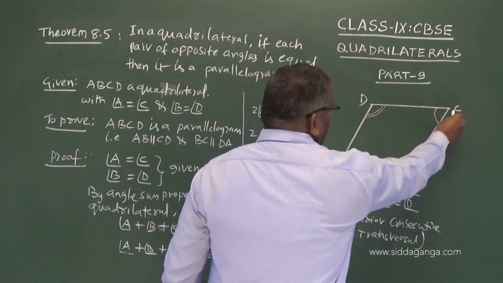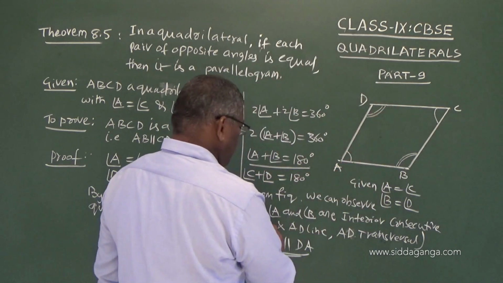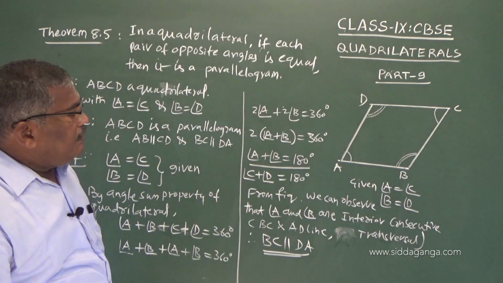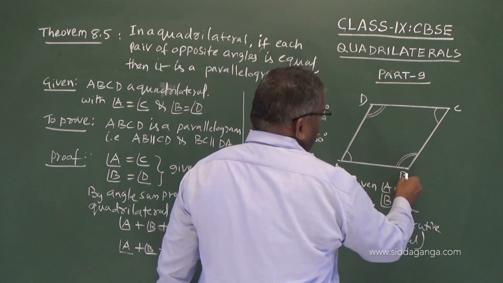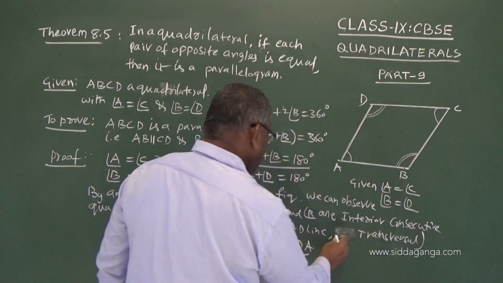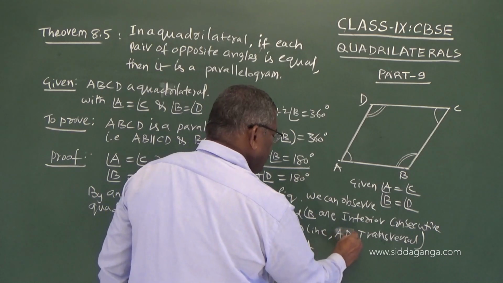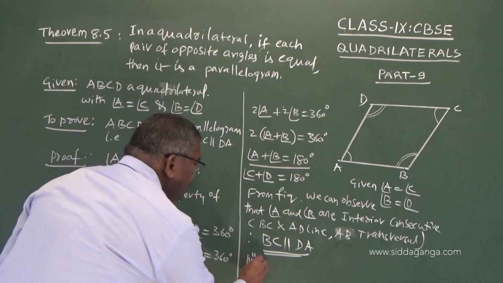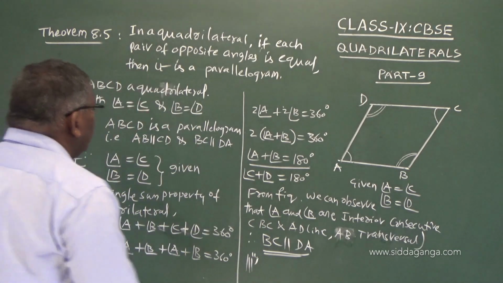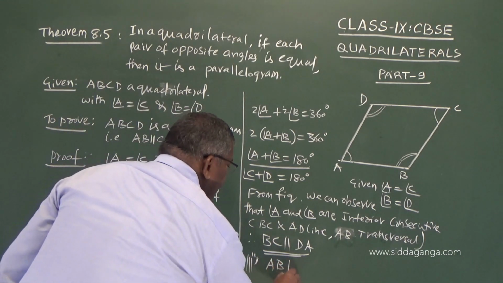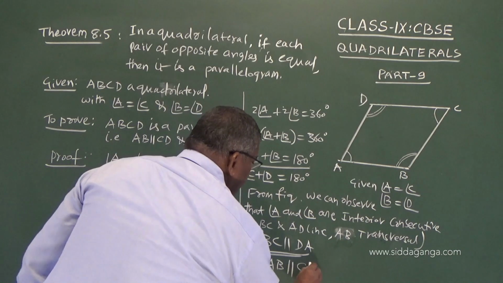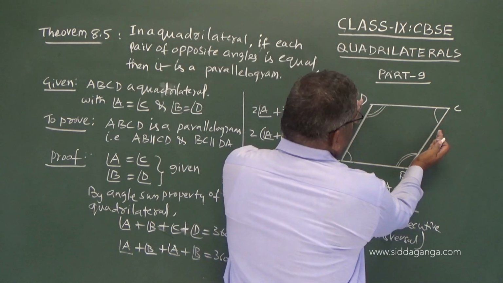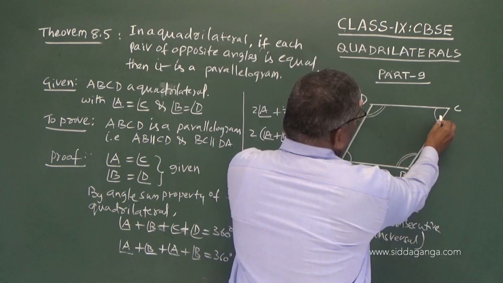BC and AD are these lines, with AB as transversal. Similarly we can prove that AB is parallel to CD. See here, if you take these two as lines, these two are consecutive angles.